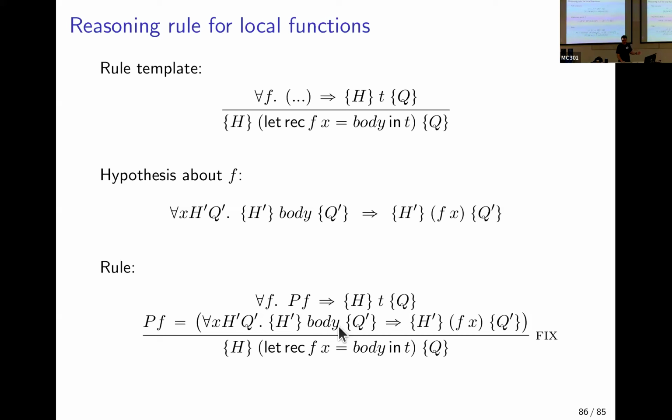And the rule for this is you name this your hypothesis on f, and you use it from let rec f x = body in T. You go right away and prove things about T by just having a hypothesis that f can be expanded to its own body.